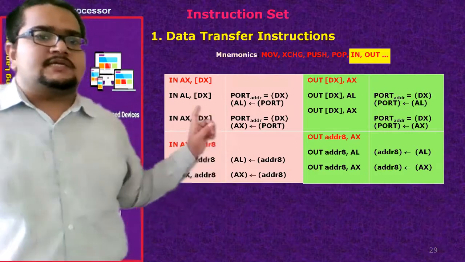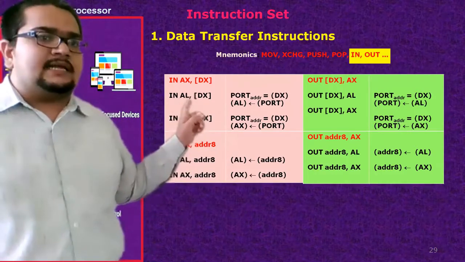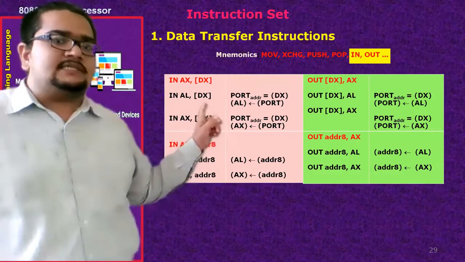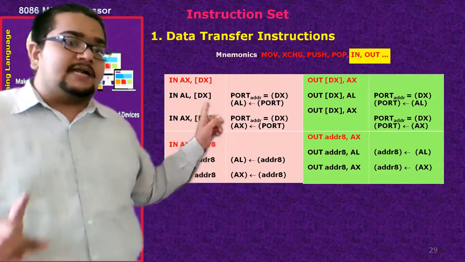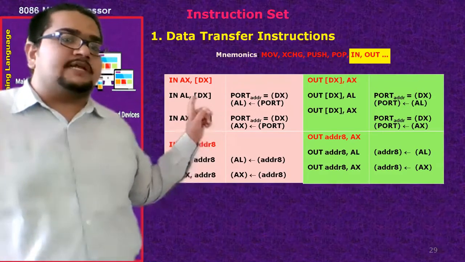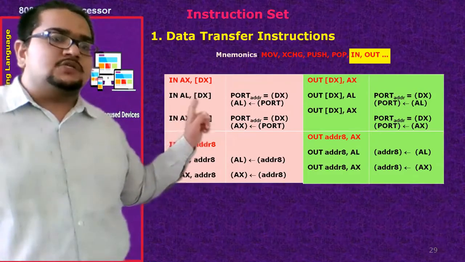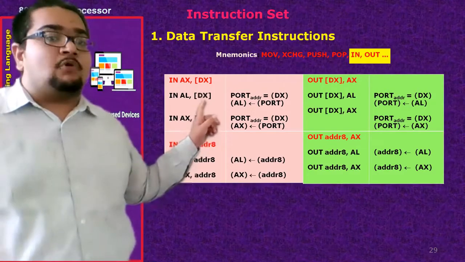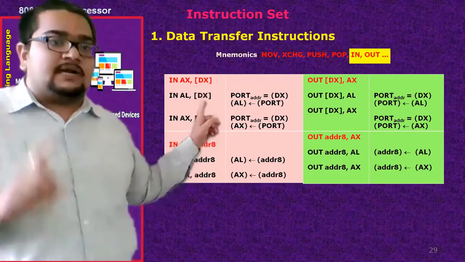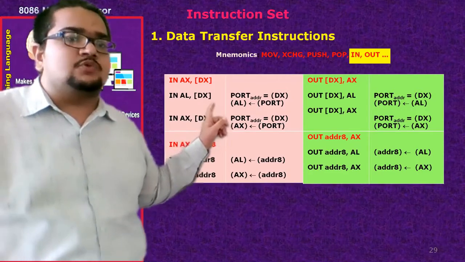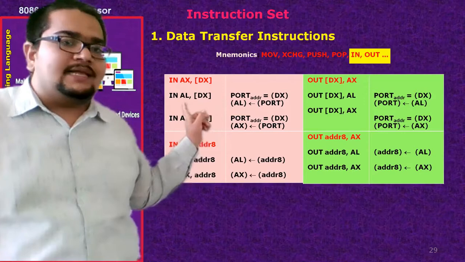So the IN instruction works like this: if I write IN AL, comma, in brackets DX, DX contains the address of the port from where it has to take the data in. Always operation, destination, source. The source here is the input port address from where my data has to come and be taken into AL.